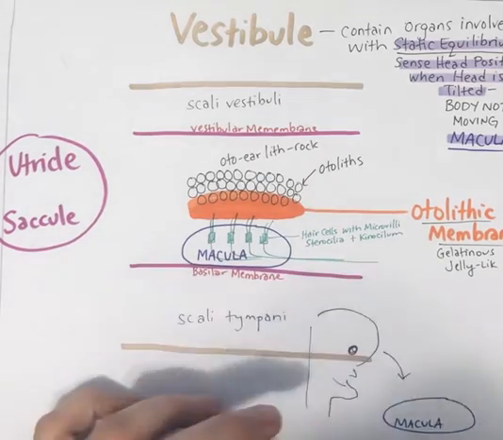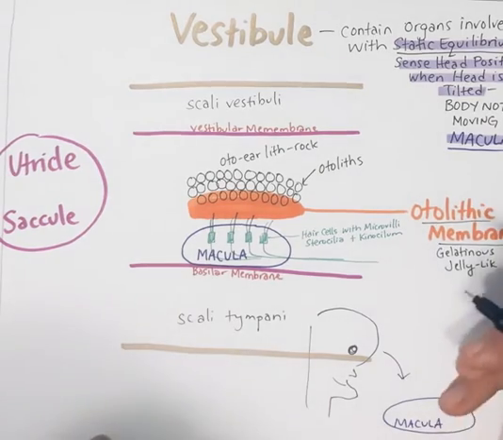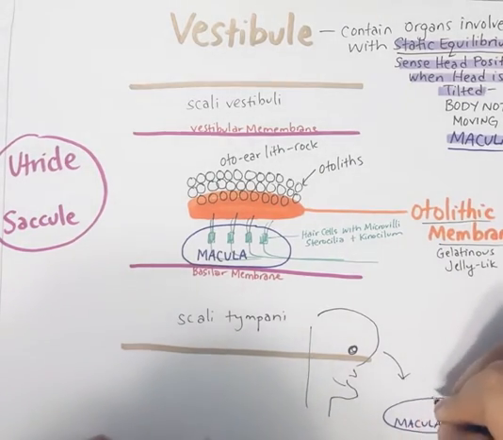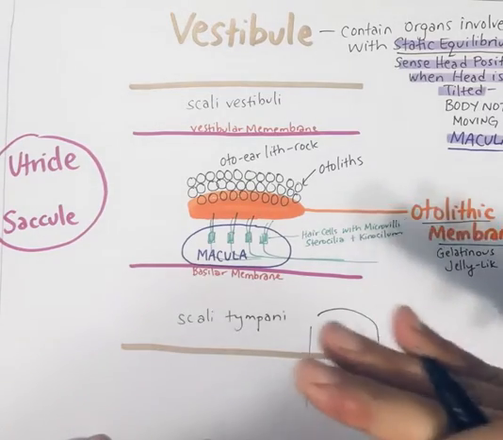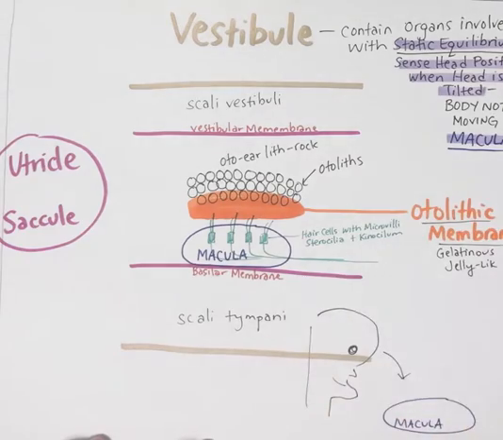And your hair cells of the macula, which basically stimulate the vestibular branch of cranial nerve 8, are going to bend. So when you bend forward, this gelatinous material is going to lean forward and all the rocks are going to be pulled down by gravity.